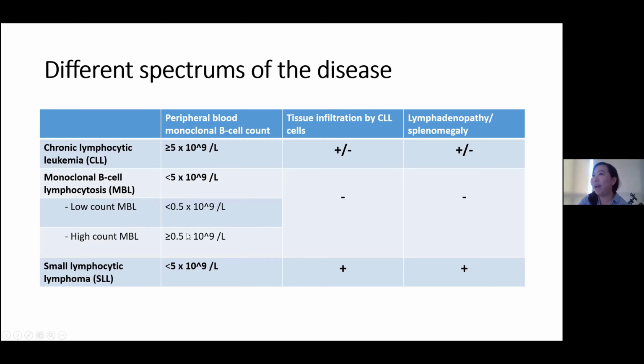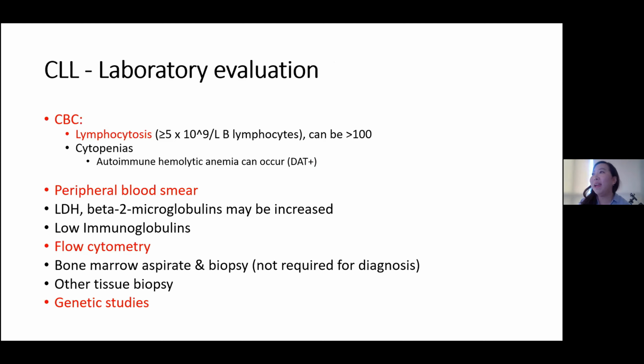All right. So in CLL, we have lymphocytosis, as we talked about. It can be very high. It can be more than 100, and I've seen CLL with white count or lymphocyte count more than 200.